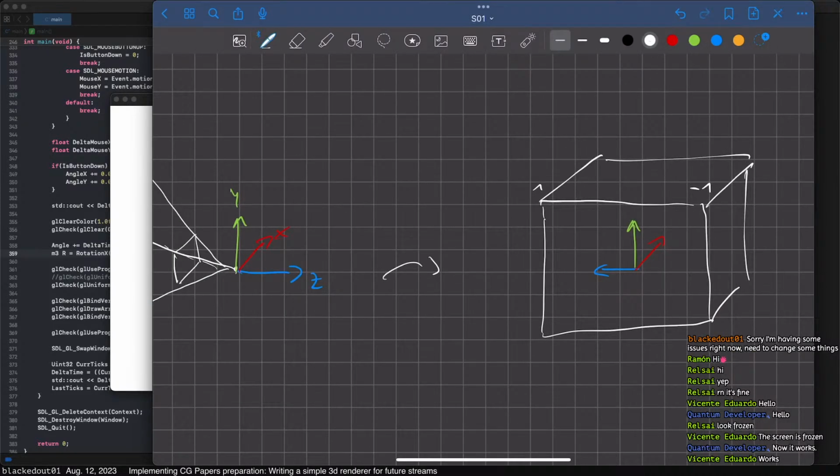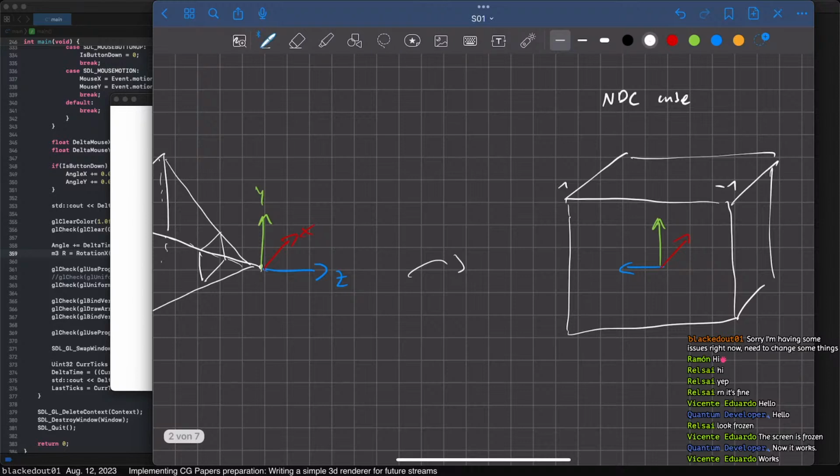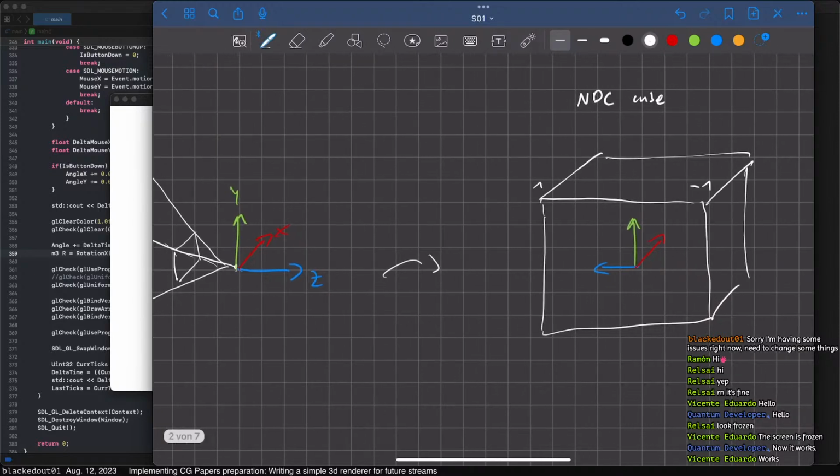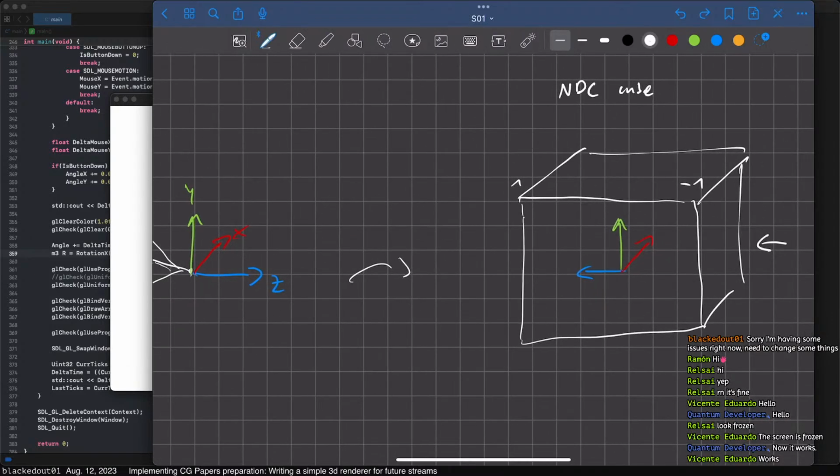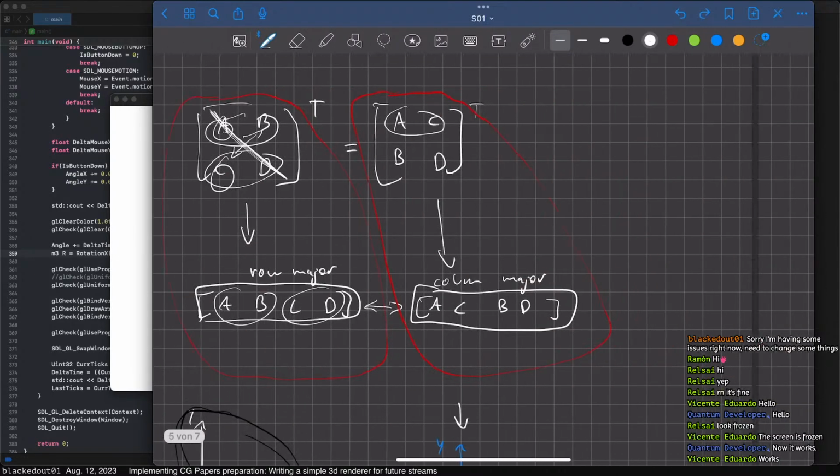This is the NDC cube where we are currently, and we are looking from this direction into this cube. So if something is here, it would be on top of something that is here. Yeah, so this is a left-handed coordinate system, but that doesn't matter.